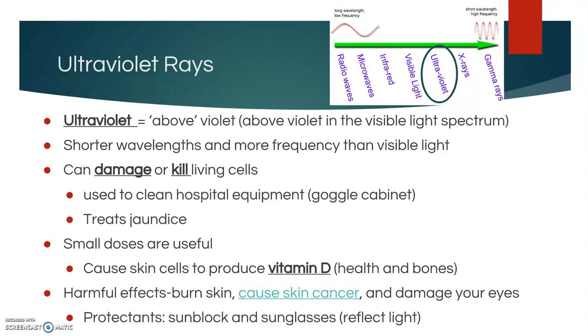UV light can be helpful because it can help clean products. An example is in my classroom, we have the goggle cabinet. It is no longer working. However, there is a UV light in it. And what I used to be able to do is have the kids do a lab. And at the end of class, they would put their goggles in.